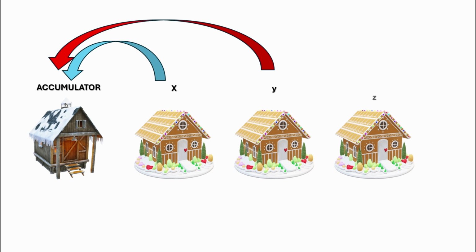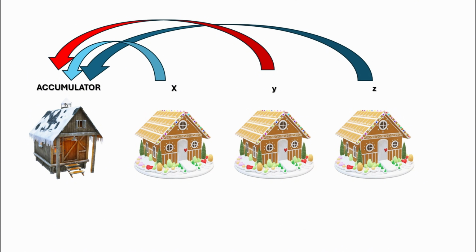A one address instruction has a special register called the accumulator. It works using the one-room concept where all arithmetic and logical operations are performed in the accumulator. After each operation, the result is stored back in the accumulator.